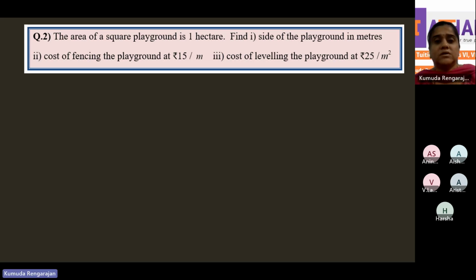How much? Yeah, 400 into 15. Yeah, 6,000, correct.